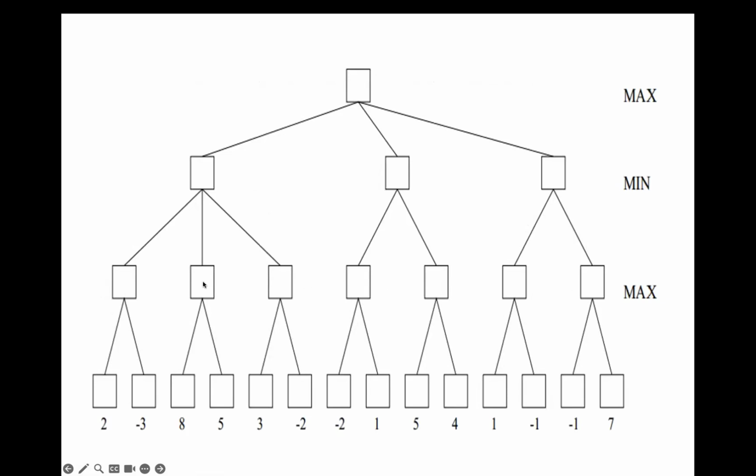When you are maximizing, keep track of the highest value seen so far at the maximizing level. Then when you are minimizing, keep the beta value, which is the lowest value which has been seen so far.